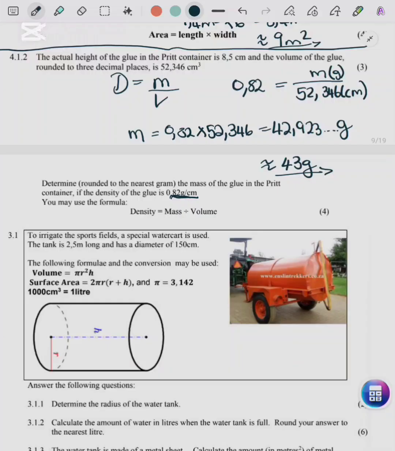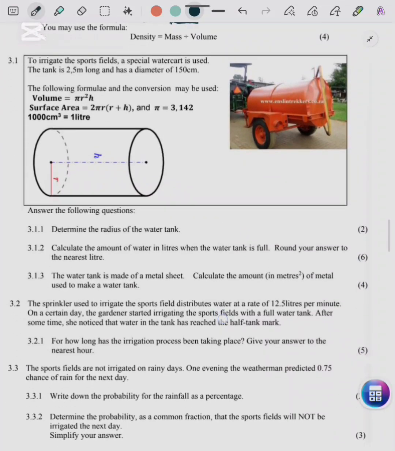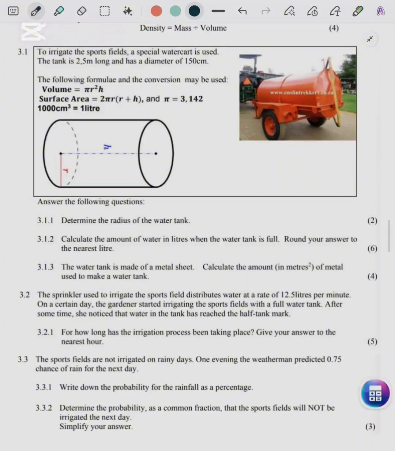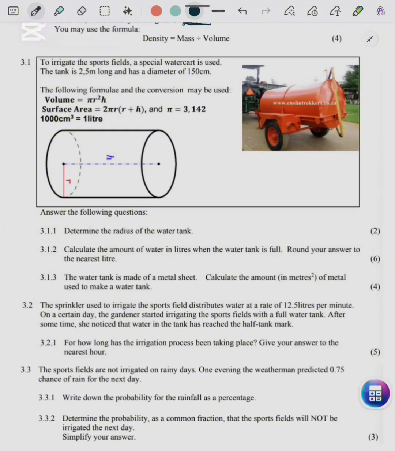Okay. Question 3.1 is all about irrigating a sports field, and there's a water cart over there. They tell us the tank is 2.5 meters long, the diameter is 150 centimeters, and they also give us formula. So our first question is asking us to determine the radius of the water tank.